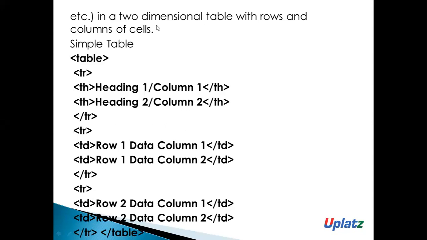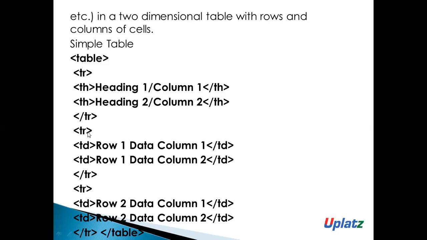It is like a two-dimensional table with row and column cells. So I will just show you the simple table opening and closing tag. So tr is nothing but a row and it should have a closing tag, and th is a table heading, which is where I'm giving the heading, and it should have a closing tag, slash th.